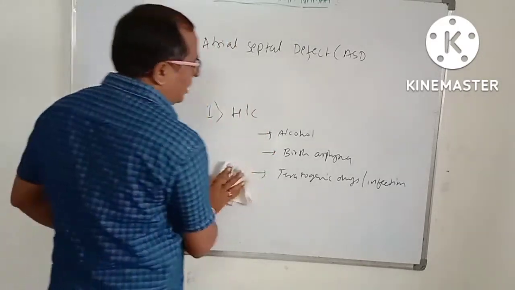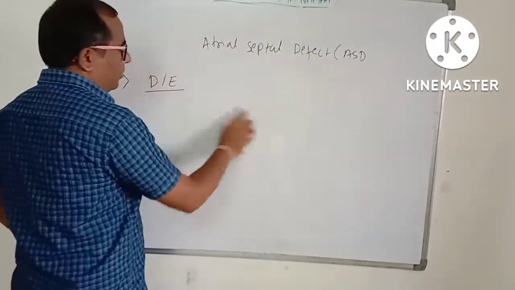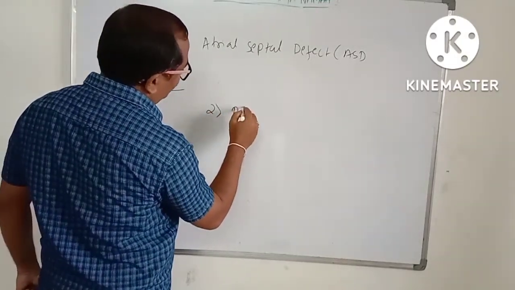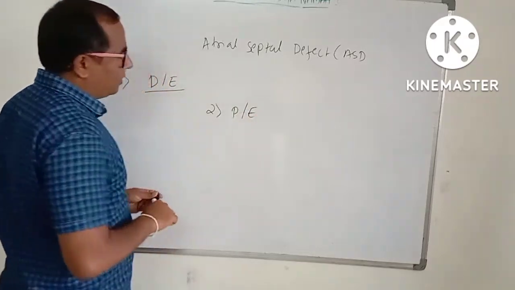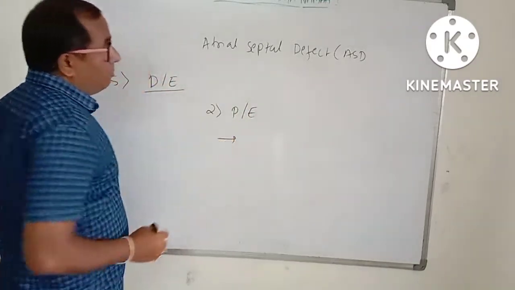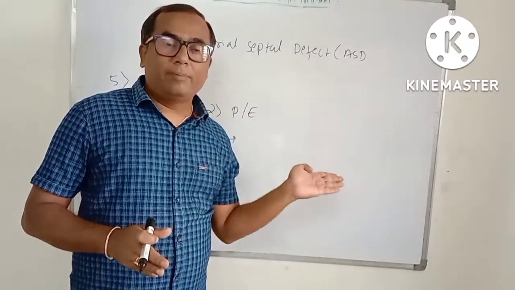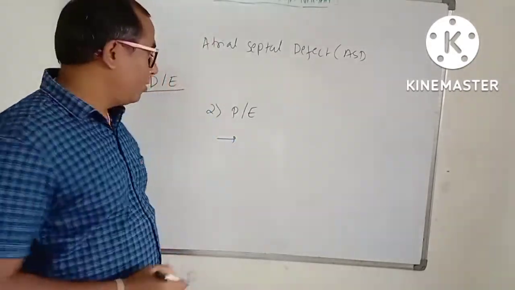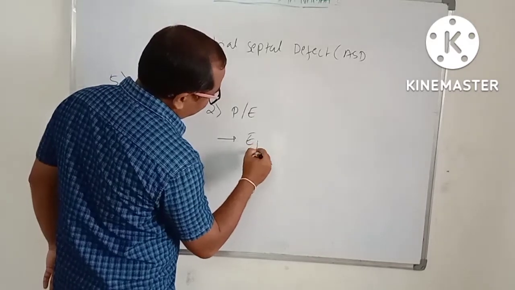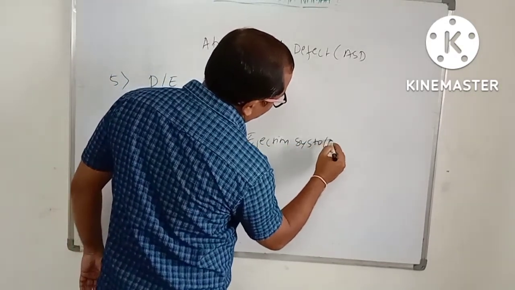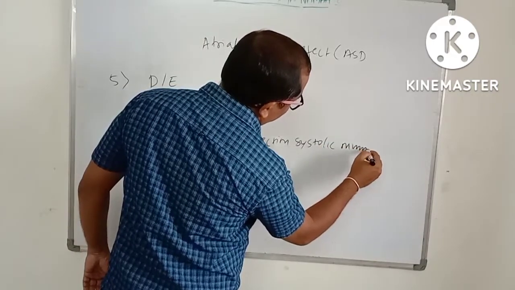Next is the physical examination. When you do a physical examination, because of the atrial septal defect and shunting of blood from left atrium to the right atrium, there is a murmur called systolic ejection murmur.